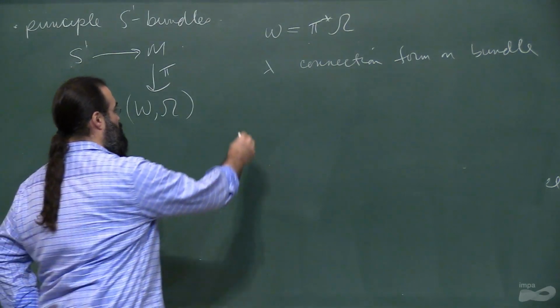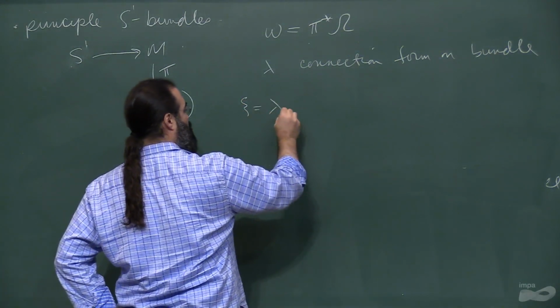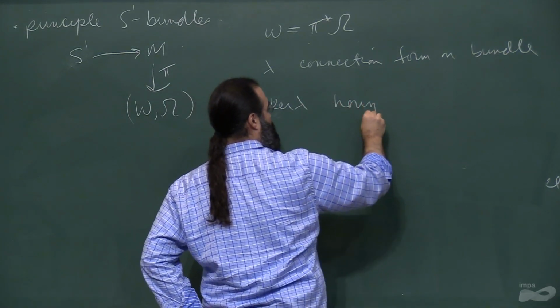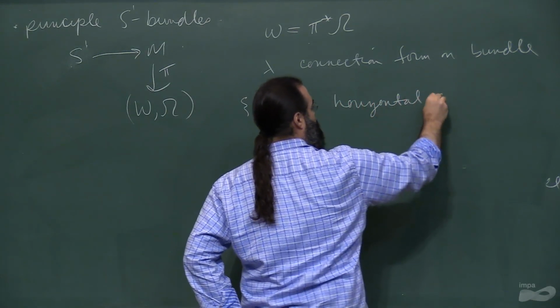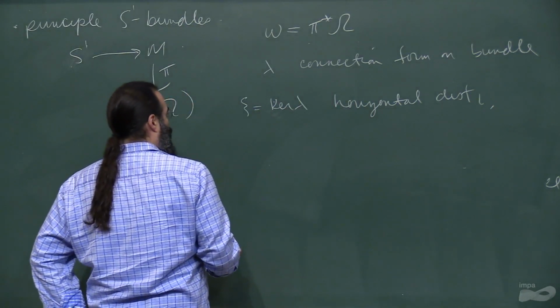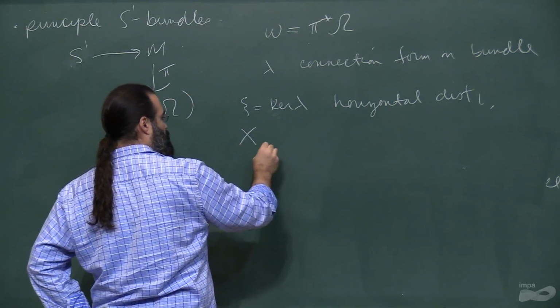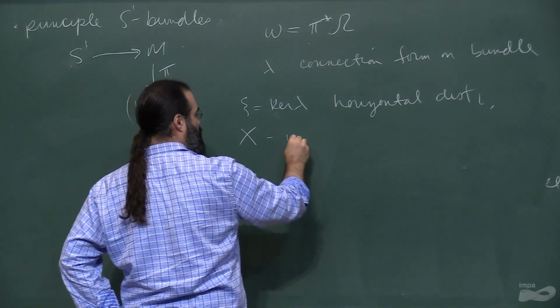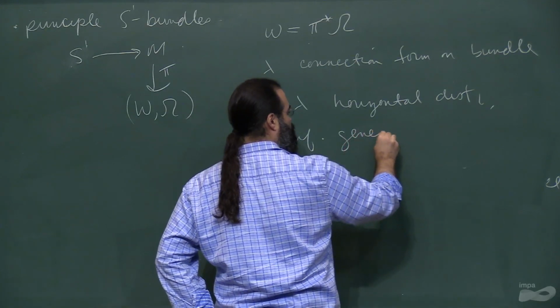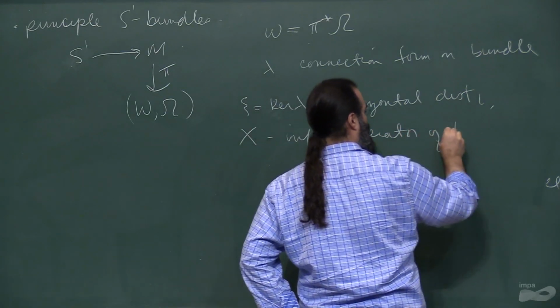So in this case, the hyperplane distribution, that is kernel lambda, is just the horizontal distribution of the connection. And the Reeb vector field, X, is just the infinitesimal generator of the S1 action.